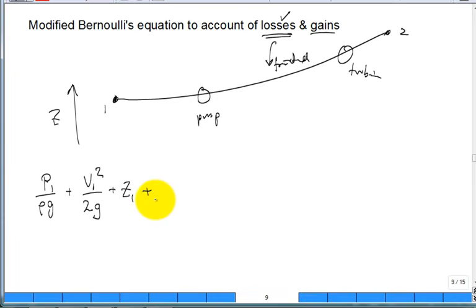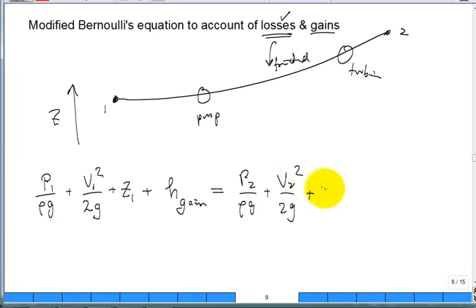Plus, here we're going to have any head gains that we see. Where would you find a head gain? Pump. Okay. Equal to P2 divided by rho g plus V2 squared divided by 2g plus Z2 plus any head losses.